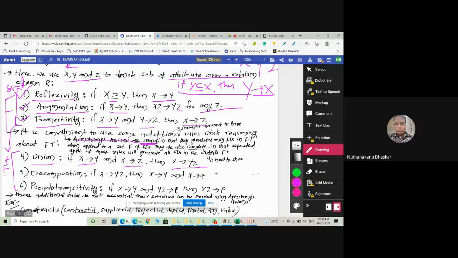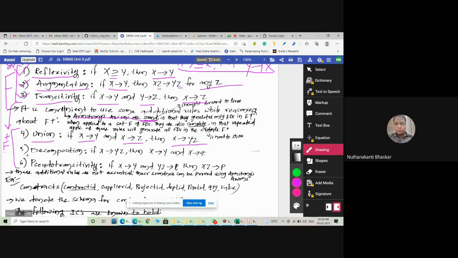We are just combining all. X will come, YZ will come. This is called union operation. Are you clear? Yes, sir. Very simple, and very easy to remember.